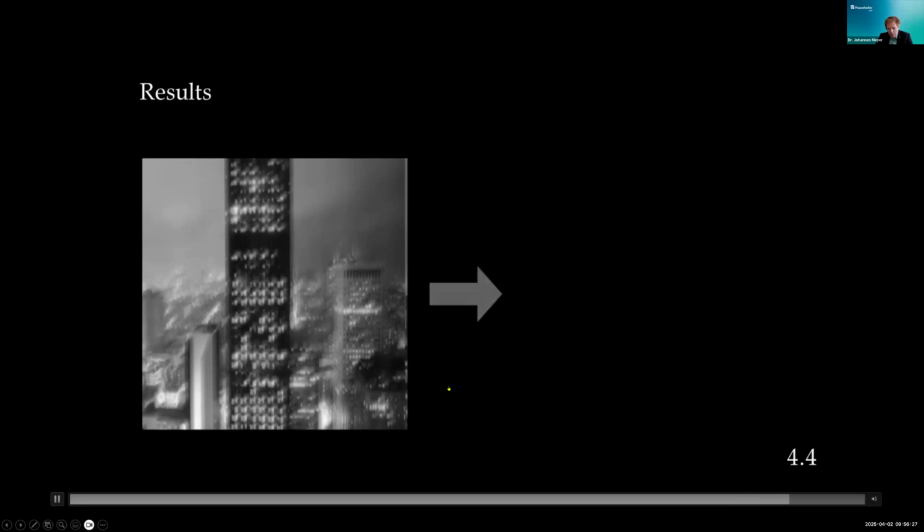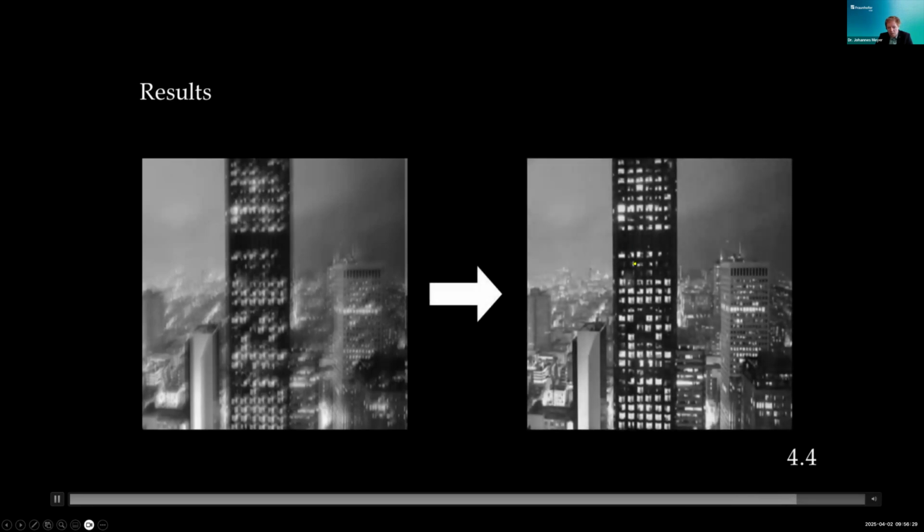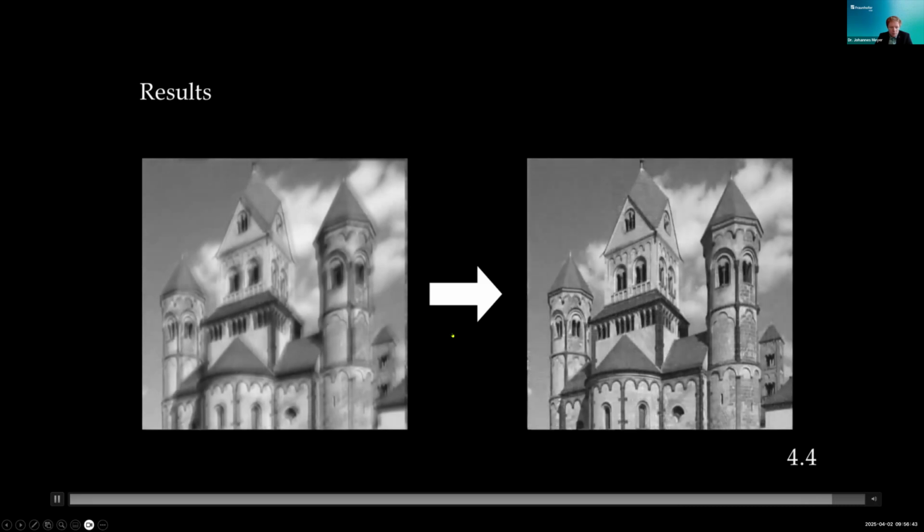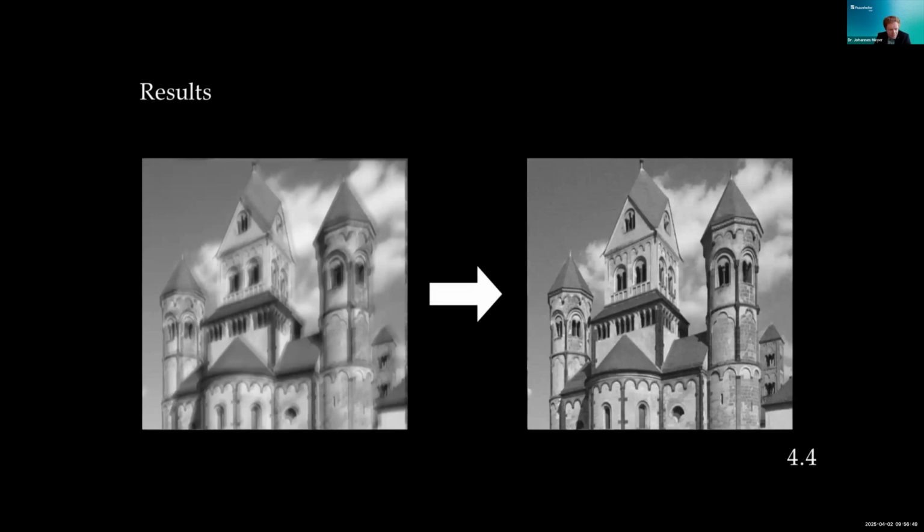And if you look at the result that we can obtain here, you suddenly get a clear image of this shaky and blurry input. And also a second example here of this blurry church image. And also here we were able to create a very clear reconstruction.